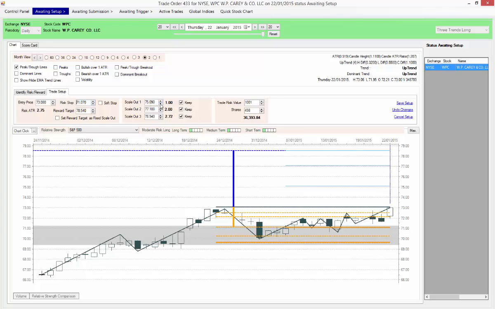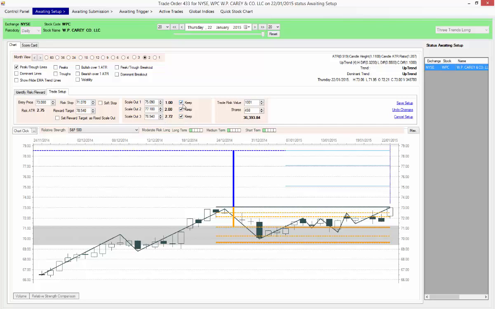So up here, 1 to 1 will take me to $75.09, the first light blue line here. Scale out to $77.10, this line here, automatically calculated for me. The last one, $78.54, actually is the same as the reward target that was shown to me on the identify risk reward. So there I have 3 potential places at which I could take profit on this trade.